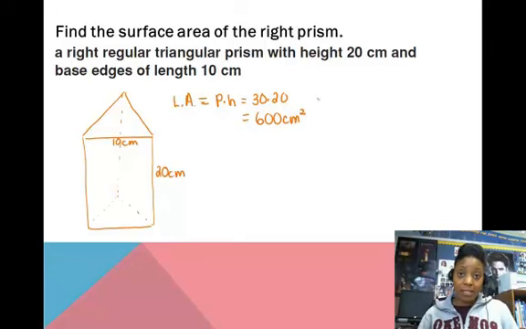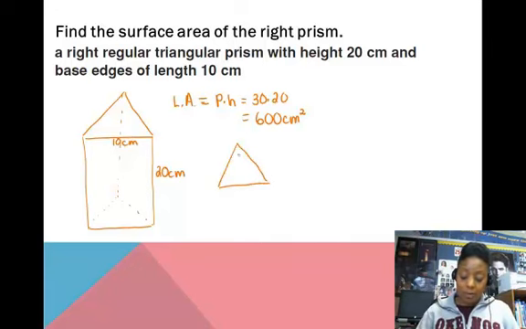Now we need the area of the bases so that we can double it and add it to our lateral area. Well, this is an equilateral triangle. Hopefully you remember how to find the area of an equilateral triangle. The central angle would be 120. Drop your perpendicular down. This would become 5. This would become 60, and that's 30. So that's 30, and that's 60 in there.